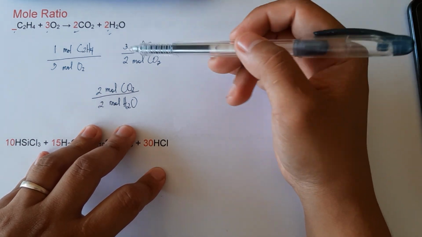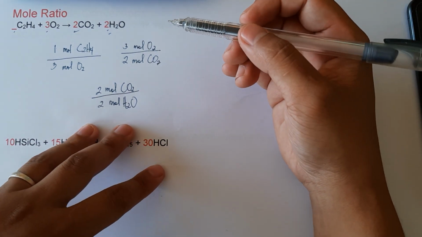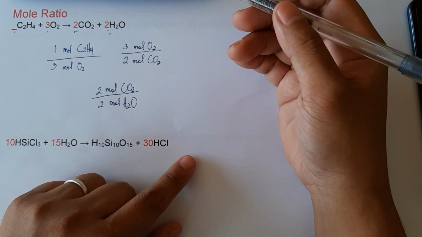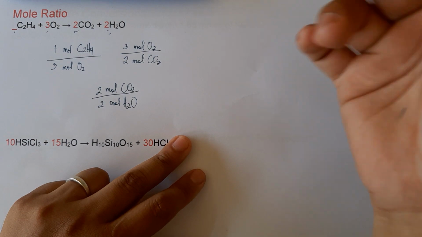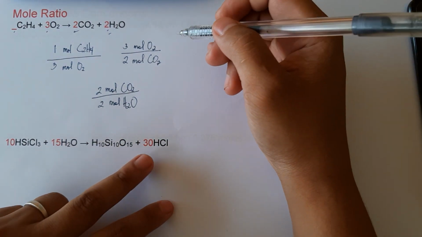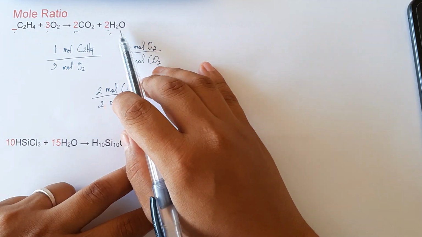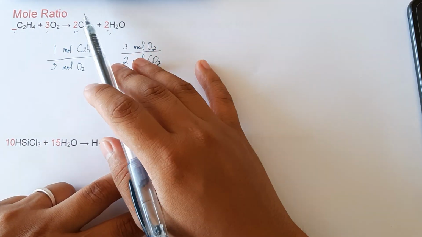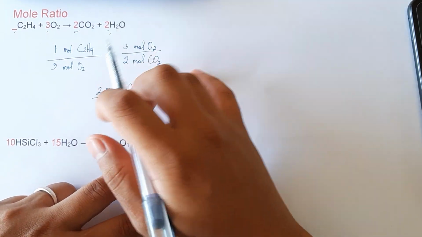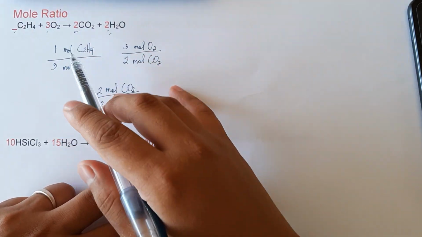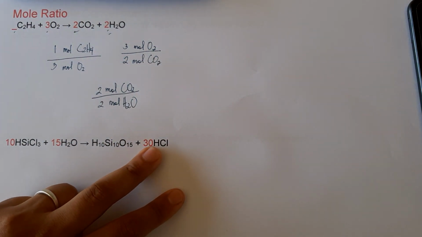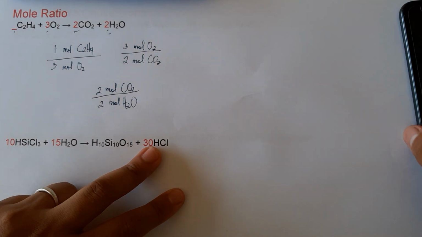You just try to look, and it depends on the problem on what mole ratio you are going to use. So we have 2 moles of water over 2 moles of carbon dioxide. We can also use 2 moles of water over 1 mole of butane, and 1 mole of butane over 2 moles of carbon dioxide. So we have a lot of mole ratios that can be found in this problem.